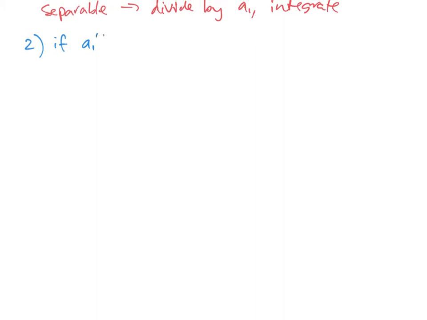So if a1 prime of x, if it happens that one coefficient's derivative is equal to the 0th coefficient, what does that mean? Then we will have a1 of x times y prime plus a naught of x times y.